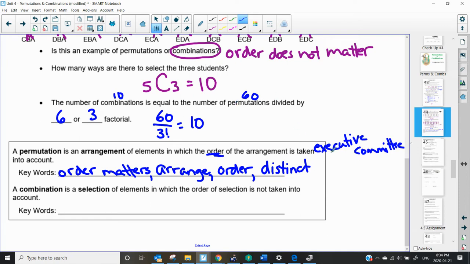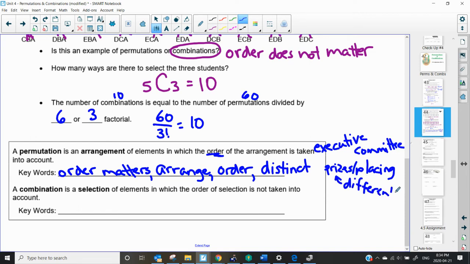If we're dealing with anything to do with placing, so somebody winning prizes or placings, I think about the Olympics. If we have some athletes going to the Olympics and there's a gold, silver, and bronze awarded, order matters. So it's important that those prizes are different.